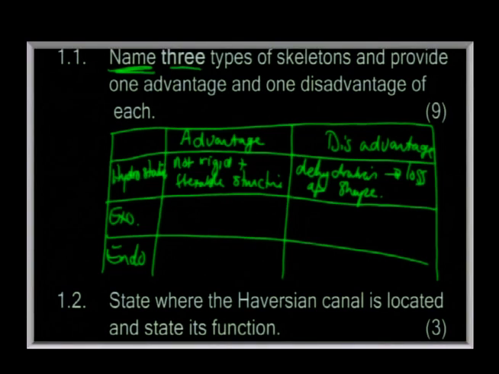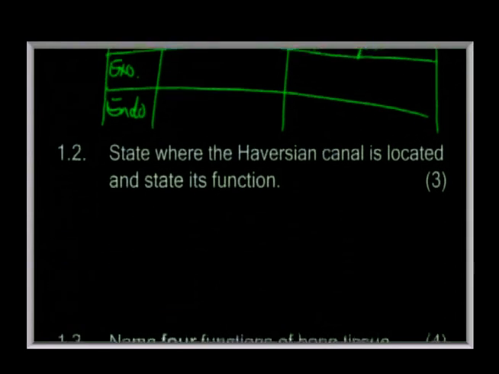A disadvantage of an endoskeleton would be that if there's a lack of minerals like calcium and phosphate ions, we are going to have a problem, okay, because the bones will then become porous. So you could choose anything you wanted to write there, people, but remember, you've got the advantage and a disadvantage, and they only ask for 1. And each of these would have been a mark, and that would have given you your 9 marks.